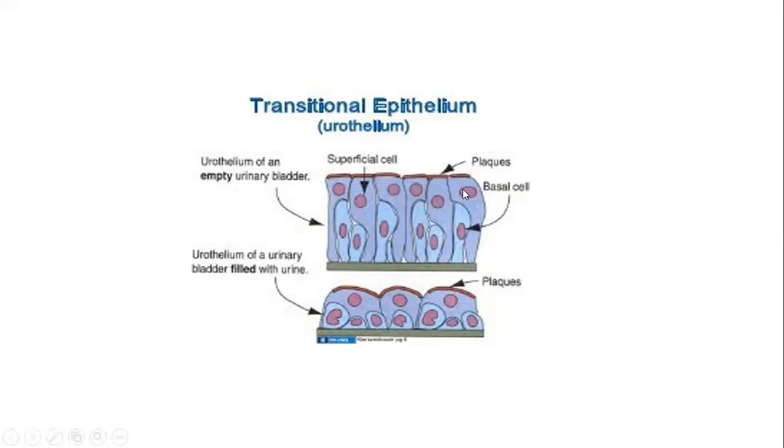So these regions are basically in the form of cell membrane enfoldings. So when in the relaxed state, the cells are contracted, and these plaques are found to be located within the cytoplasm of the cell surface as fusiform vesicles.